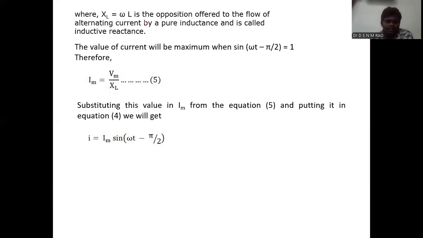XL is omega L, the opposition offered to the flow of alternating current by the pure inductor, also called inductive reactance XL.